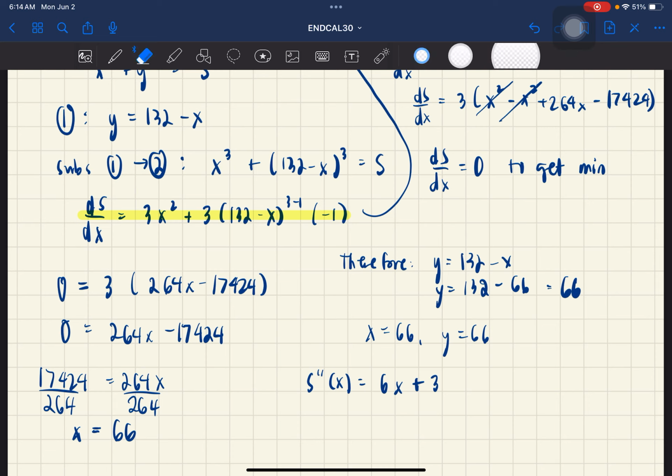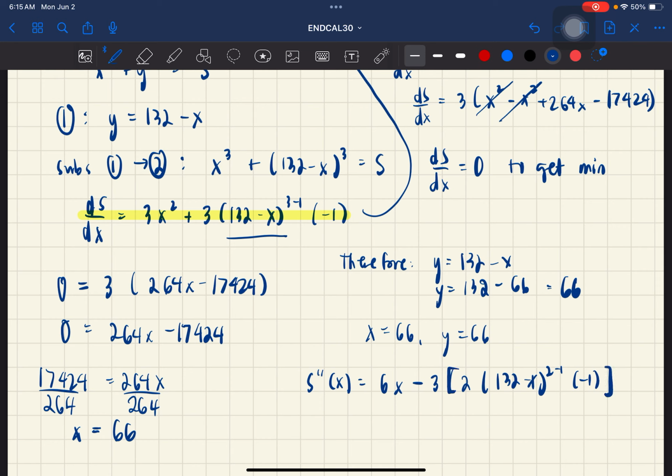Negative because of the negative sign there, negative 1. Just put it here, then we just derive this part of the equation. So it will be 2 times 132 minus x, 2 minus 1, and then the derivative of what's inside is negative 1. So substitute, rewriting the values, you'll get plus 6 and 132 minus x.